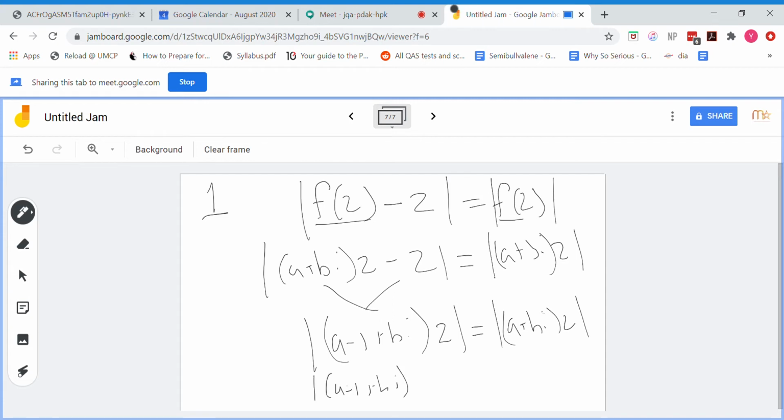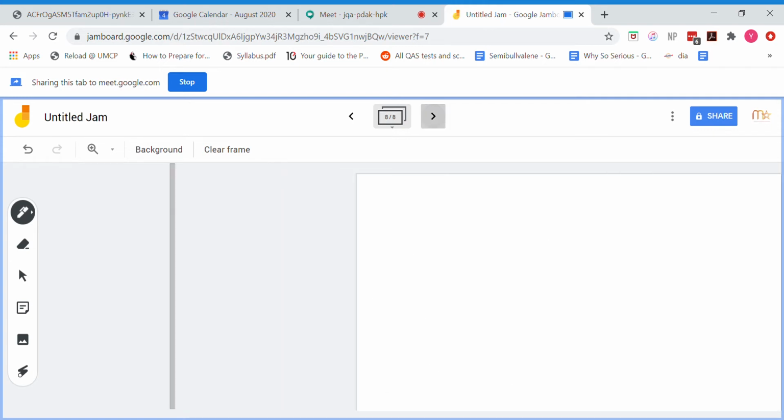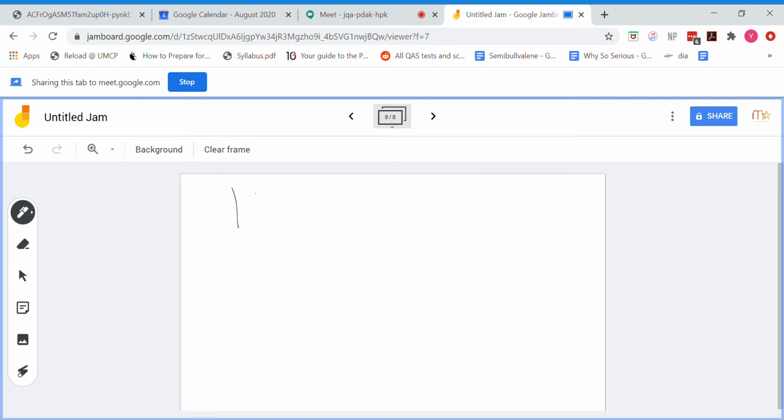Magnitude of a plus bi times z equals magnitude of a plus bi times magnitude of z. And so neatly, magnitude of z cancels. And so we're left with magnitude of a minus 1 plus bi must equal the magnitude of a plus bi.